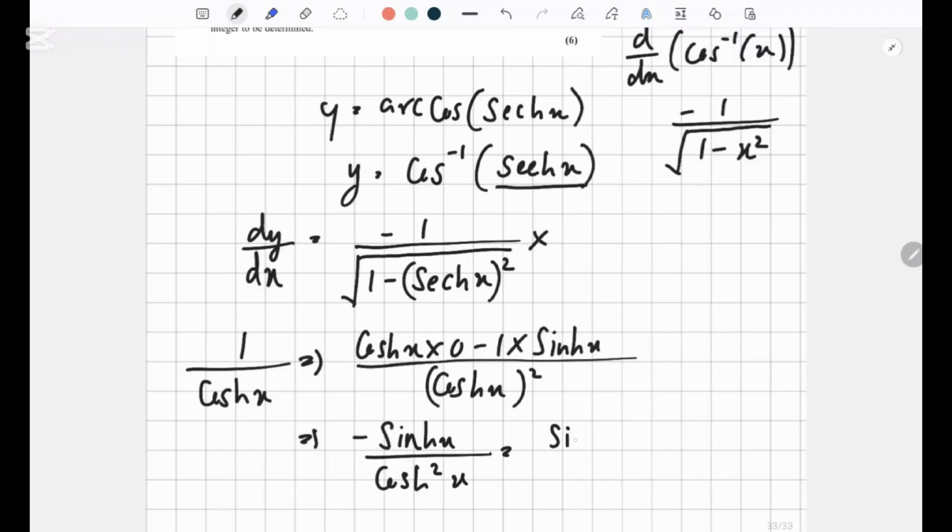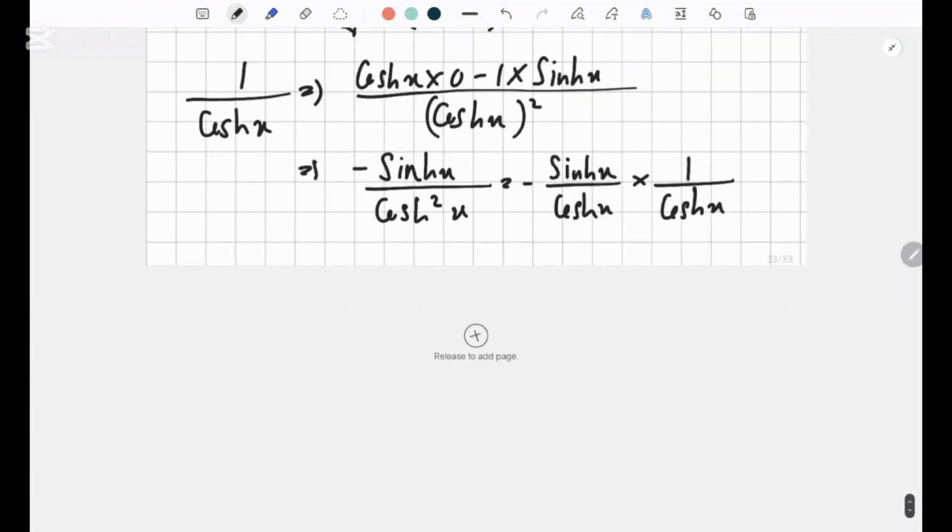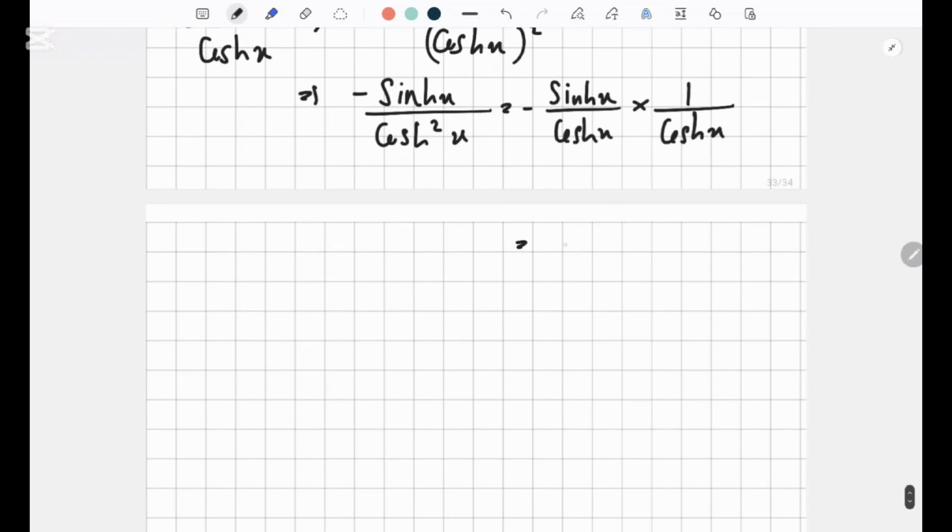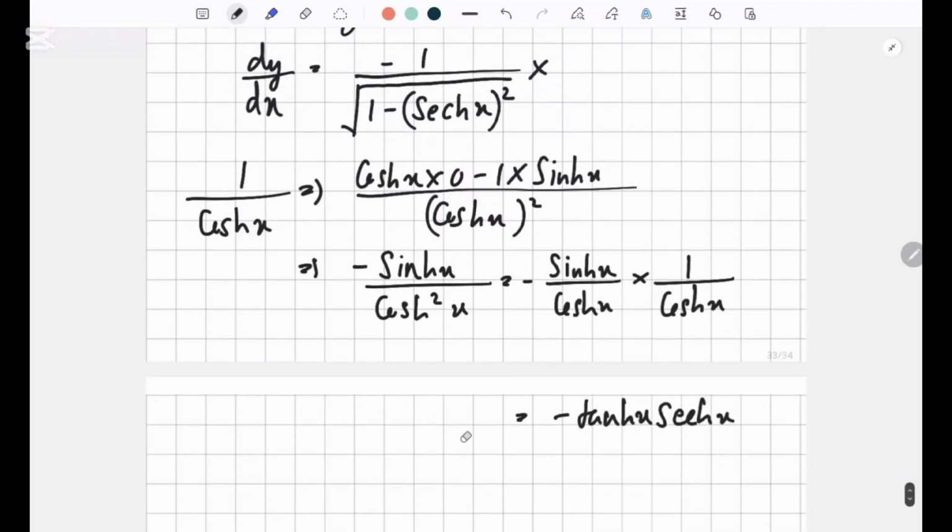This gives you sinh x over cosh x into 1 over cosh x, so you can rewrite this as minus tanh x into sech x, right?